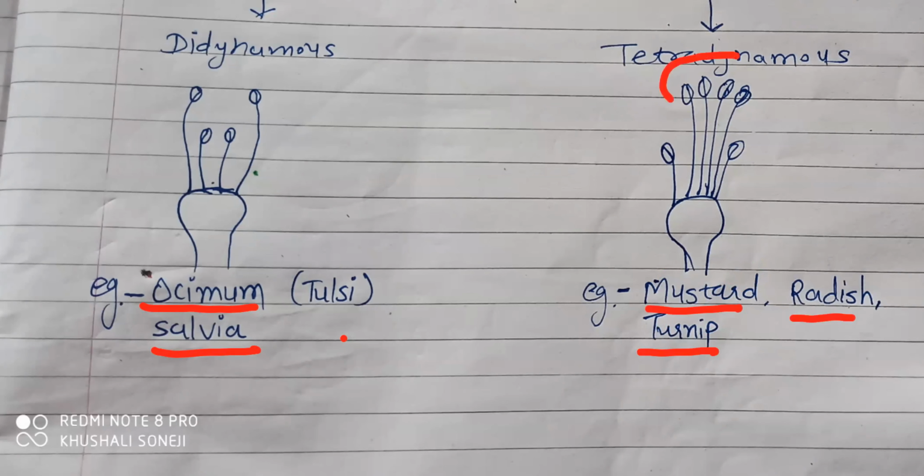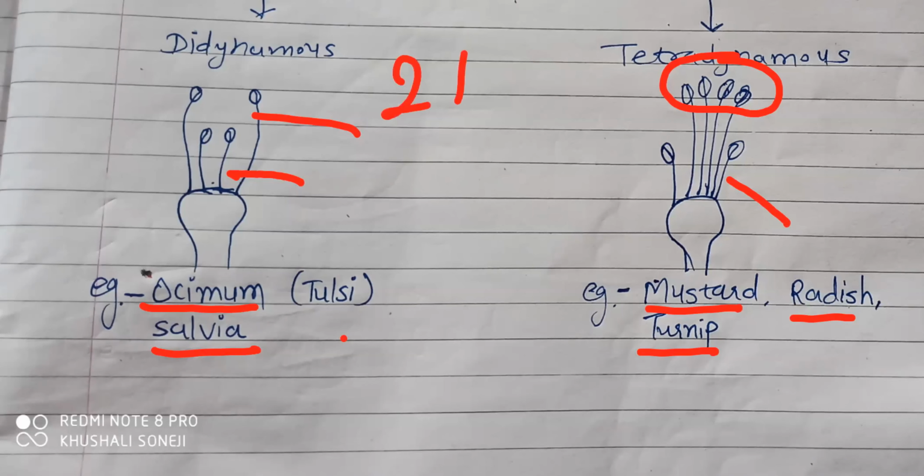4 stamens at the center are very long, 2 at the periphery short. Here 2 at the center short and 2 at the periphery long. So didynamous condition, tetradynamous condition. On the basis of this name, you will have to remember. Didynamous 2+2, tetradynamous 4+2.